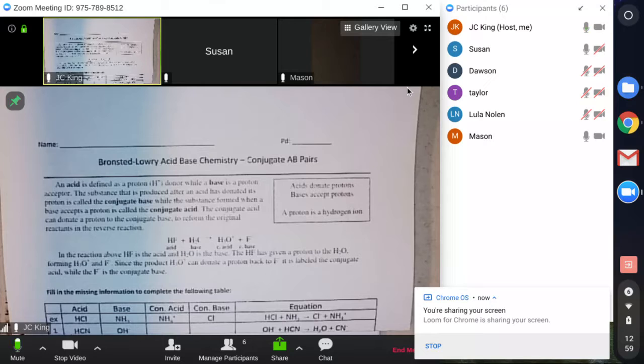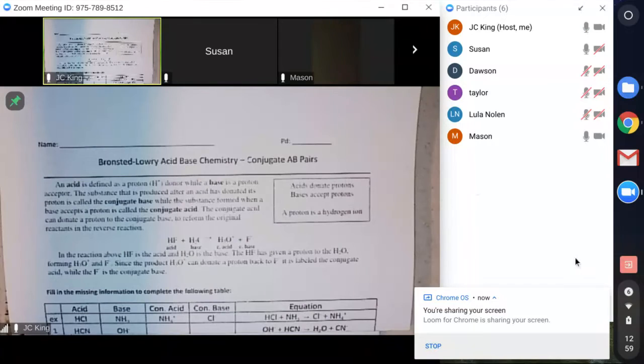Okay, so this paper right here, Bronsted Lowry Acid Base Chemistry, is one that we had actually taken a look at back before the break. So if some of it looks kind of familiar to y'all, there's reason for that.